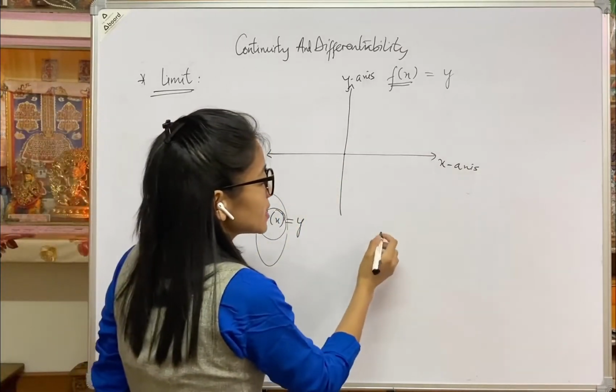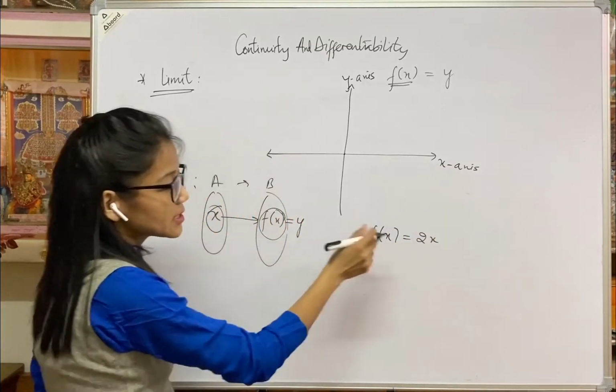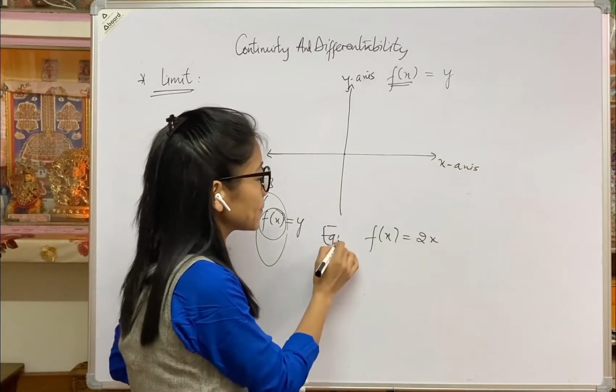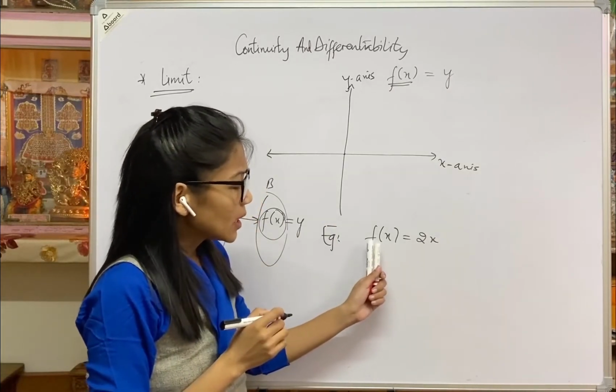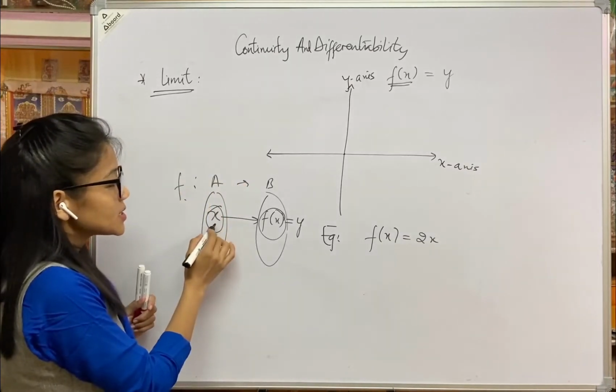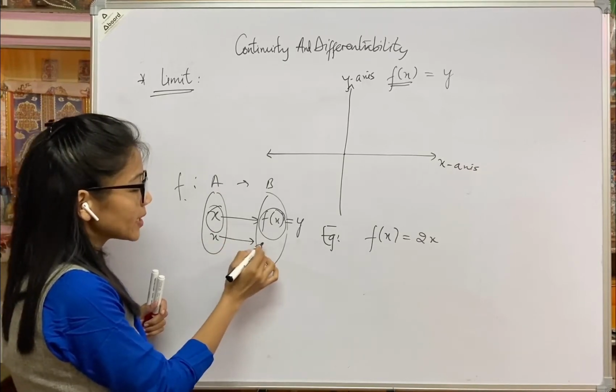Now if I define my function f(x) as 2x, let this be a polynomial function, this is one example. So f(x) = 2x, which means if you take element x here, its image will be here.